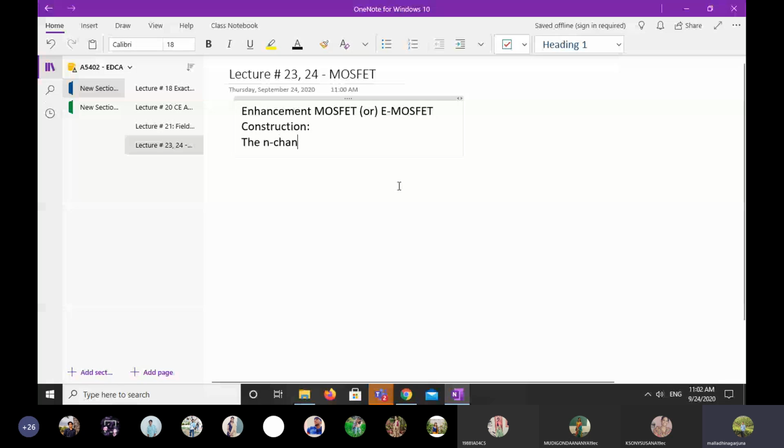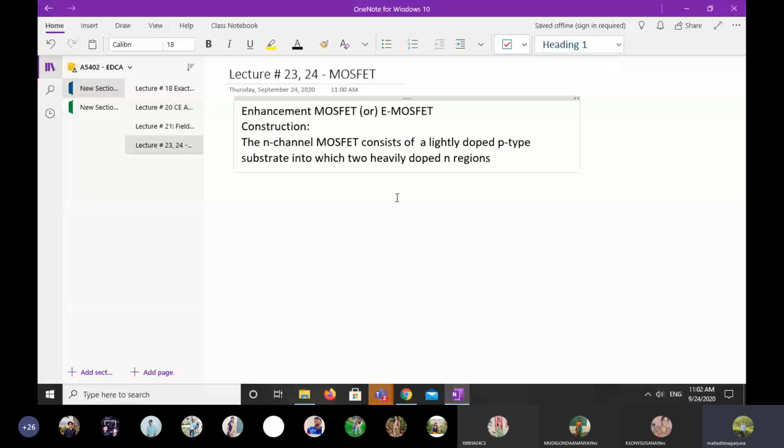The N-channel MOSFET consists of a lightly doped P-type substrate into which two heavily doped N plus regions are diffused.